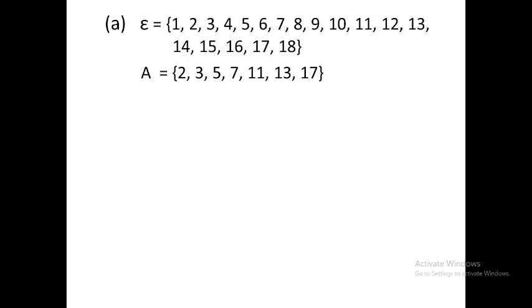And then set B should be odd numbers greater than 3. Remember, greater than 3. So where do you start from? Good, 5. So compare and see if it matches with what you have there.